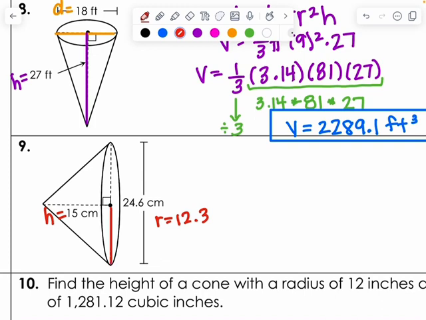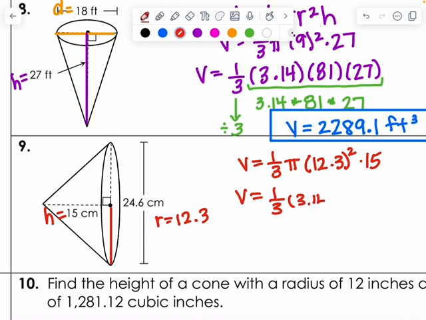So we only need half of that distance. Did you use 1/3 pi times 12.3 squared times 15? Did you get 12.3 squared to be 151.29?